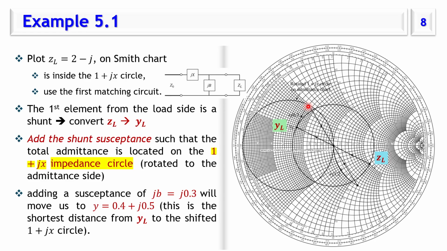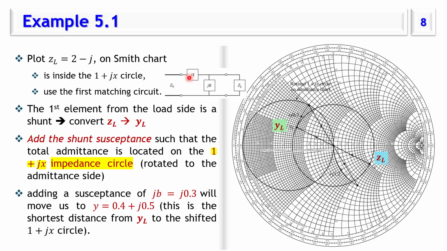Now we need to add jx to the equivalent load of those. The jx is in series with these two. So we need to convert the equivalent of this back to z. So this is the z input looking from this point.